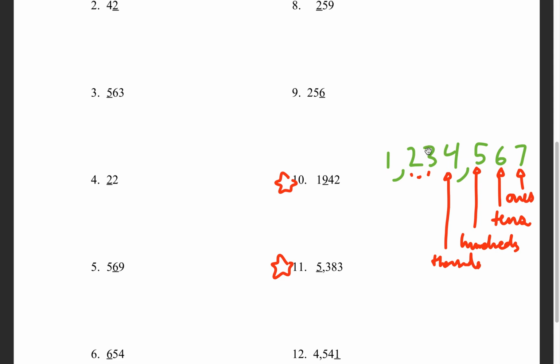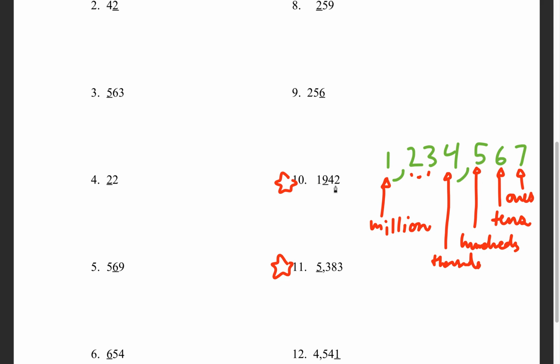So there's going to be 10,000s, 100,000s, and over here is going to be a million. But maybe that's the biggest one you'll learn for now, but it's not really important. Basically, first digits are ones, second digits are tens, third digits are hundreds, and the fourth spot is thousands, if there's 3 digits behind it.